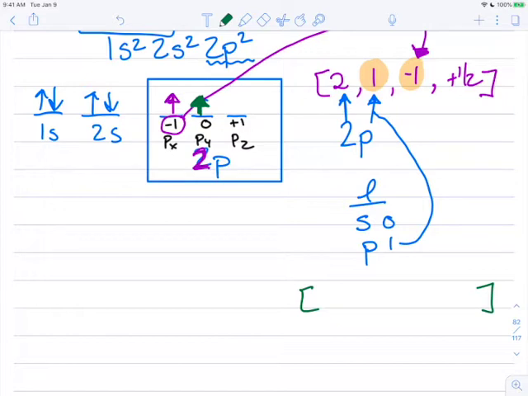All right, what is the first number that we need? Excellent. So the first number is a 2. It's the second energy level. What's the second number? Excellent. So now it is a 1.